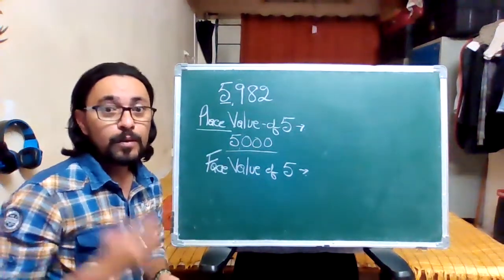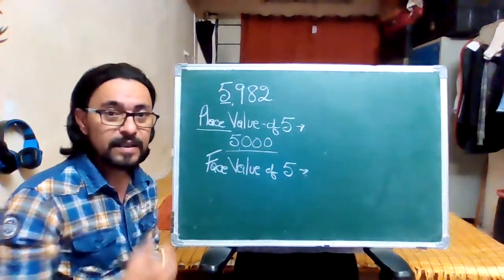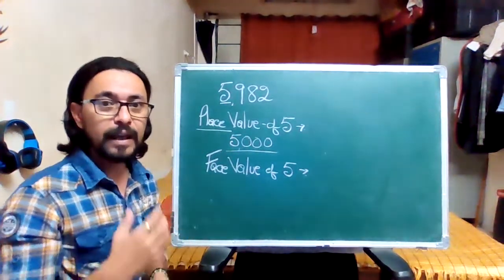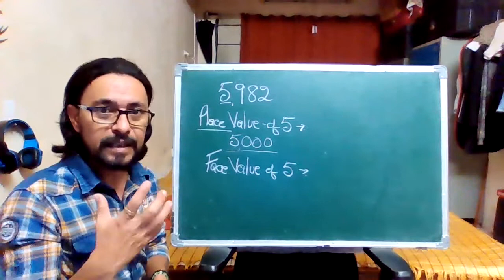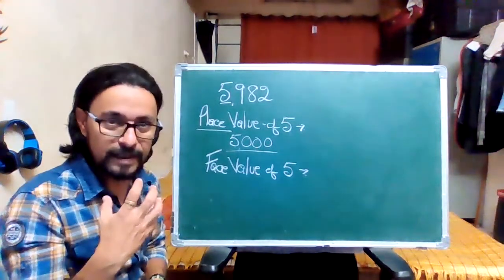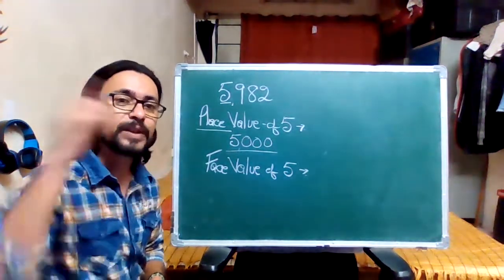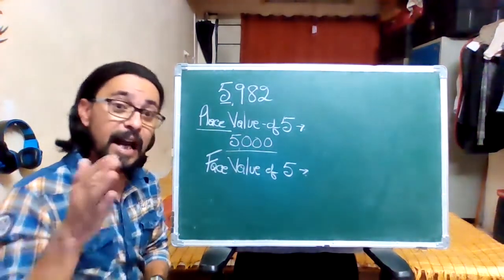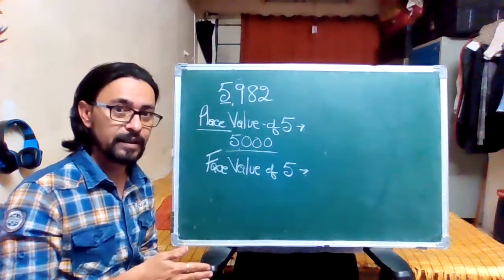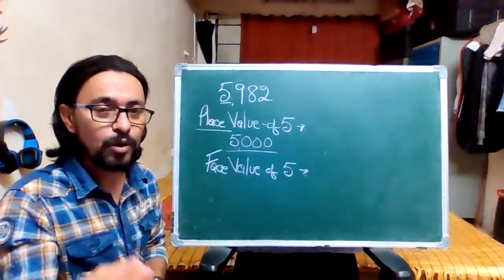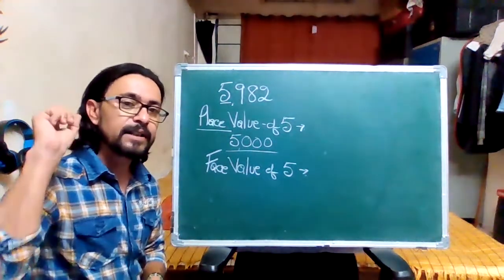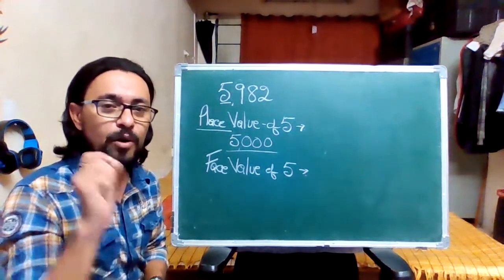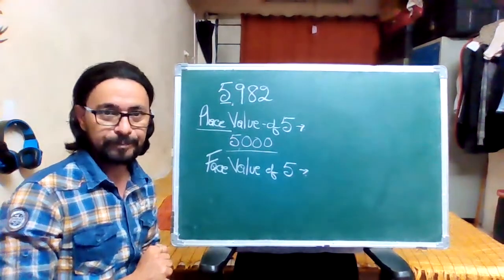Face value. What is face value? We all have faces. People remember us and people recollect us when they see our face and they connect us with our name. So if you take your friend's name in front of your parents, and if your parents have met your friend, they will recollect how the face of that child looks like.